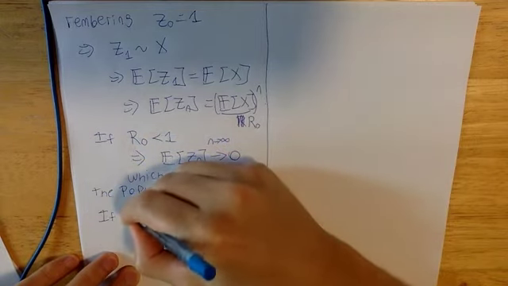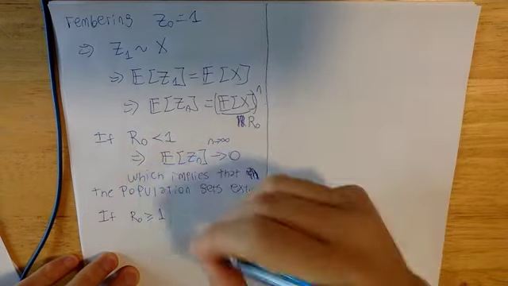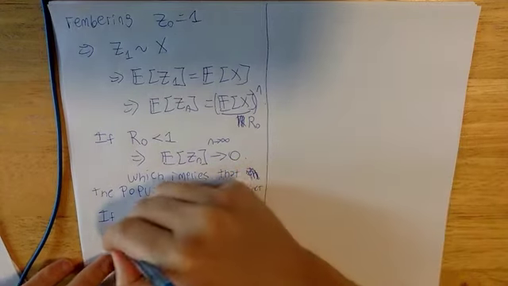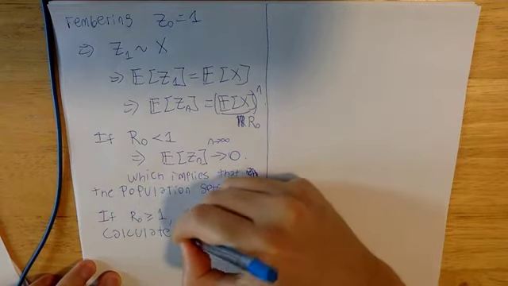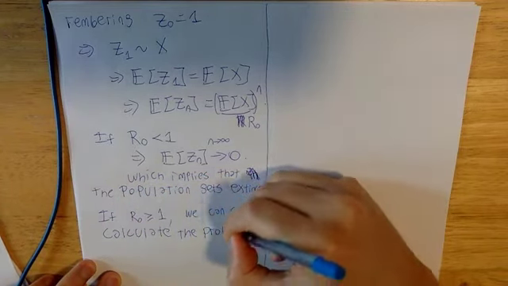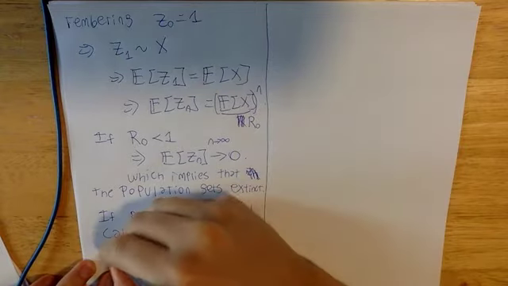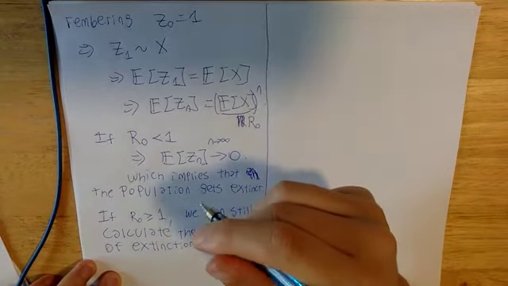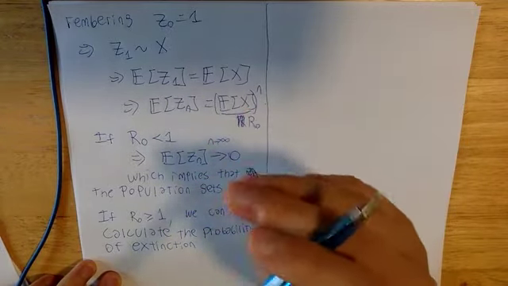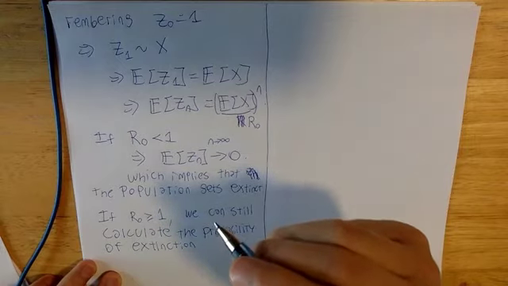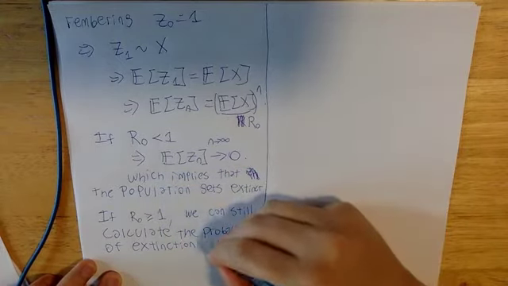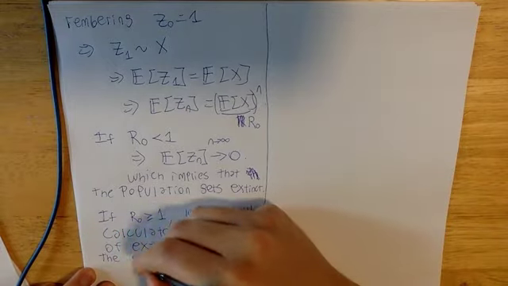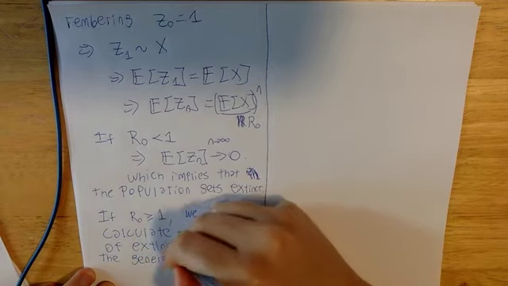But if R0 is bigger or equal than 1, we can still calculate the probability of extinction using the generating function.